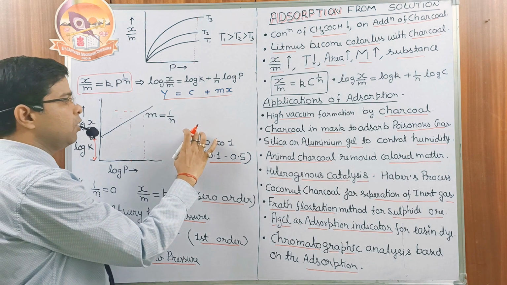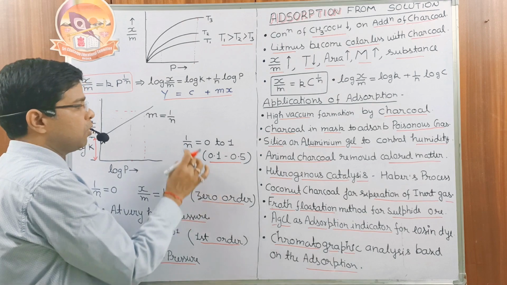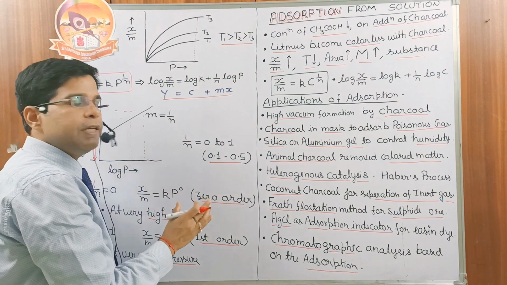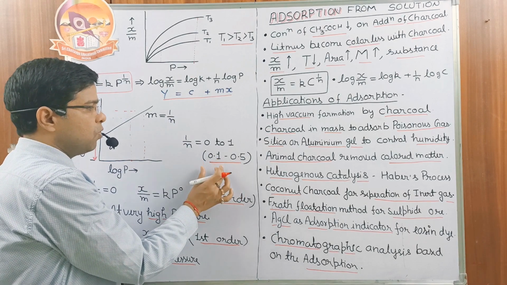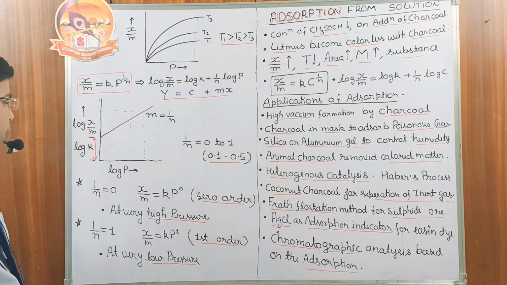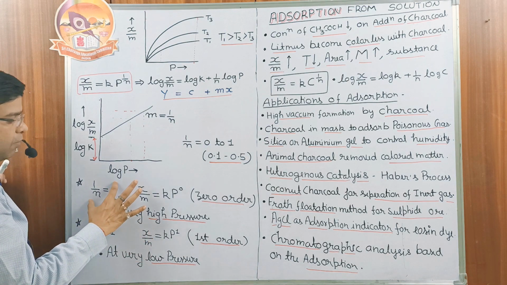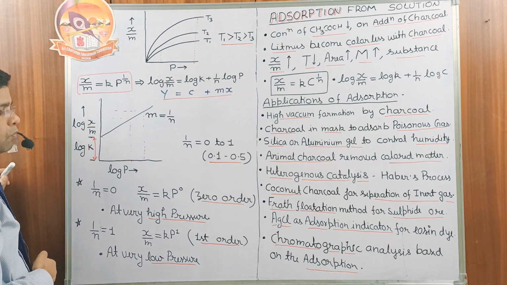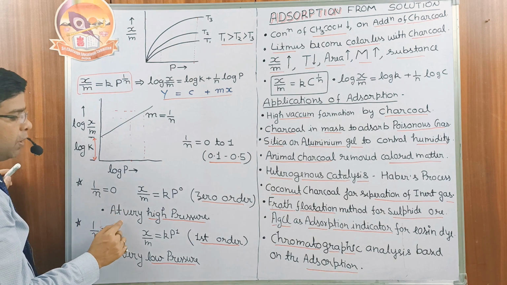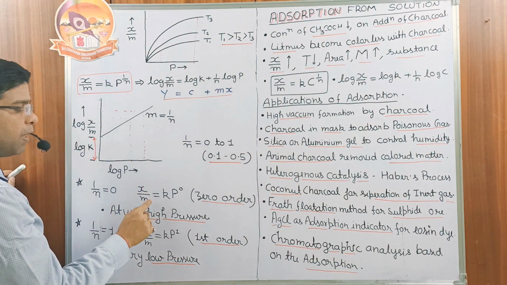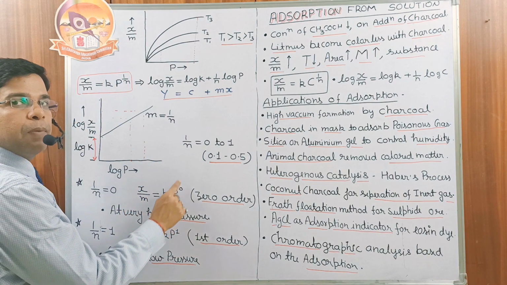The theoretical possible value of 1 upon n is always 0 to 1, but generally in most experiments this value is 0.1 to 0.5. When 1 upon n is 0, which is possible at very high pressure, we have x by m is equal to k p power 0.